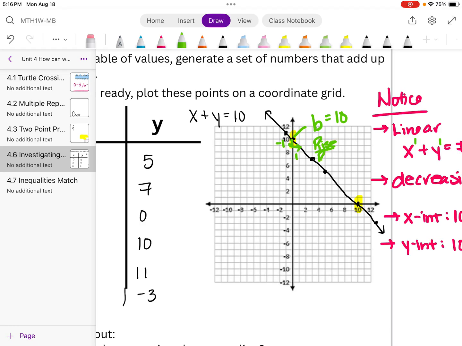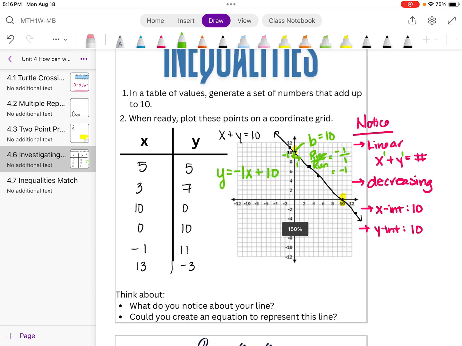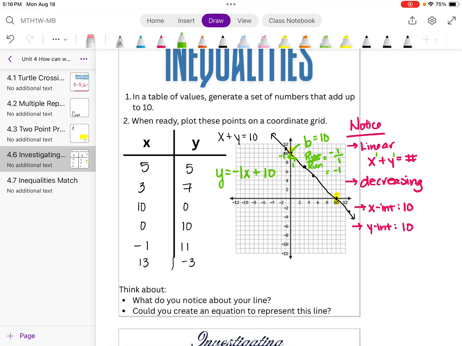So I've got a rise over run of -1 over 1, which is just -1. So I could write this as y equals -1x plus 10, because my rate of change is down 1. So there we go. So maybe in a couple minutes, you can think about, are these equivalent? And we'll talk about that in a minute.